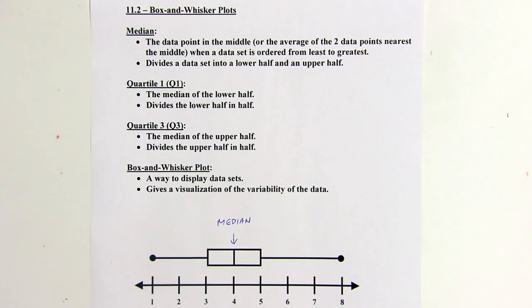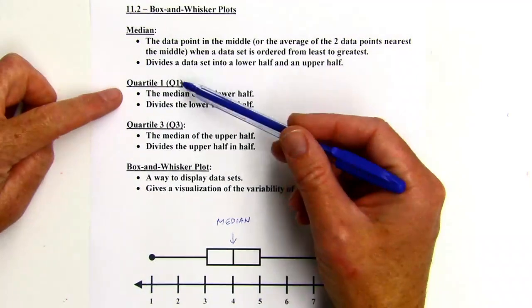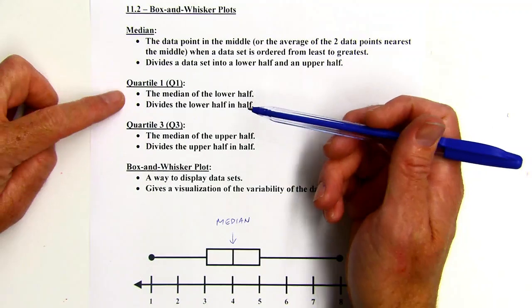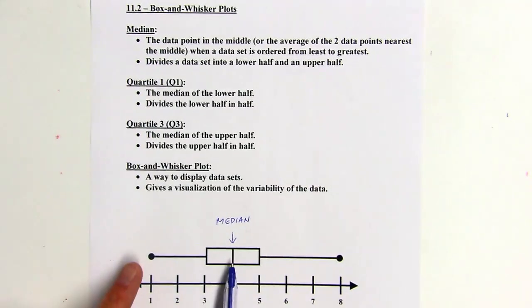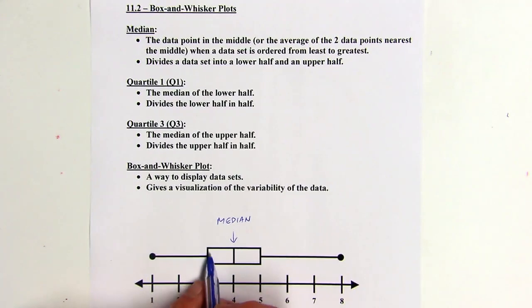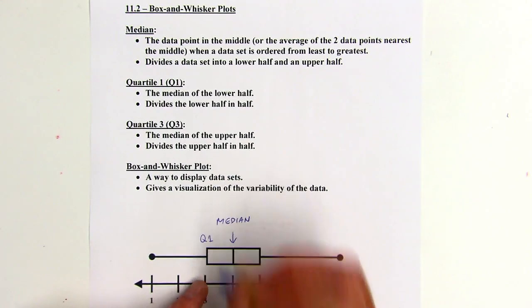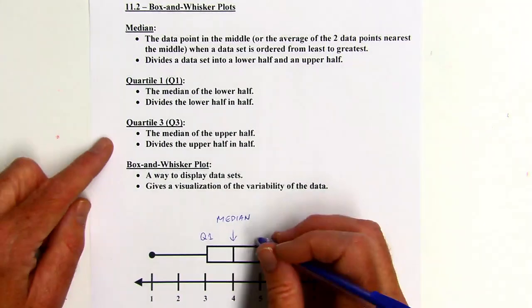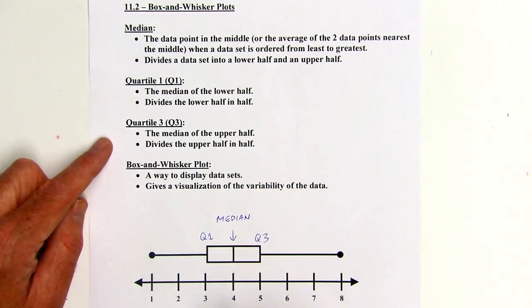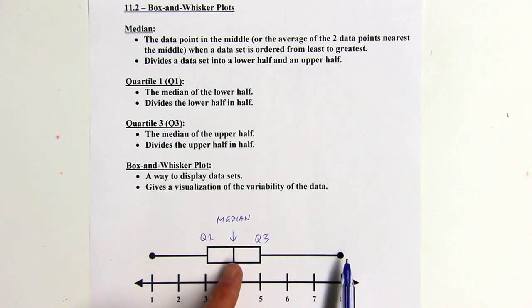And then we've got some different quartiles. Quartile 1, we'll often use Q1 for that. That's going to be the median of the lower half, and it's going to go at the left side of the box. So Q1 goes right there. And Q3 is going to go on the other side of the box, and that's going to be the median of the upper half of the data points.